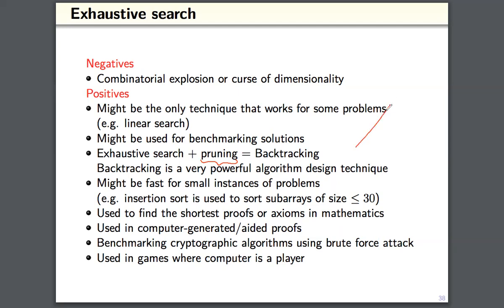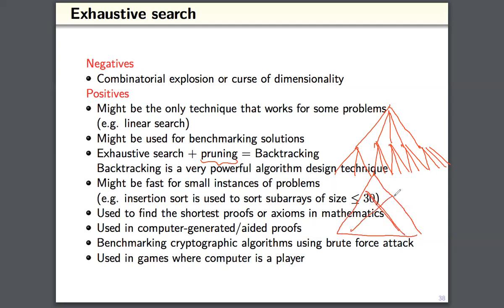Pruning in the sense of cutting the entire, for example, suppose this is your exhaustive search, you're scanning everything like this. Maybe if a condition is not satisfied at this point, you can prune the entire subtree. Pruning is cutting.